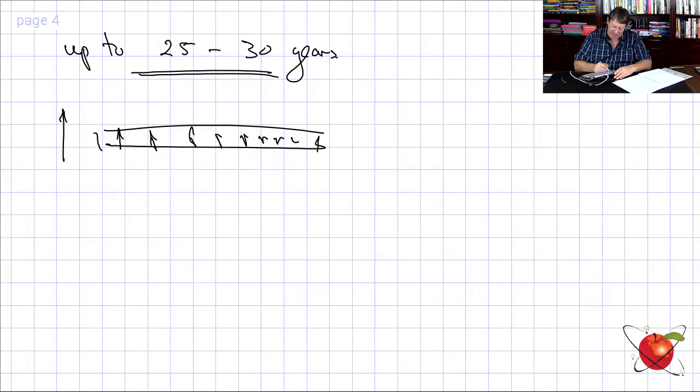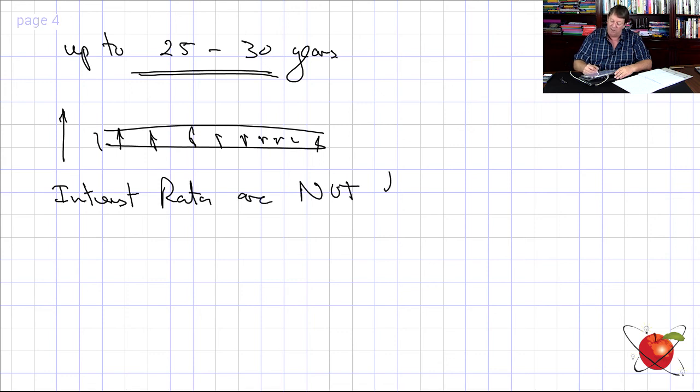Things happen. It's a dynamic system. What is going to happen? Therefore, generally speaking, interest rates are not fixed. You can get a fixed rate.